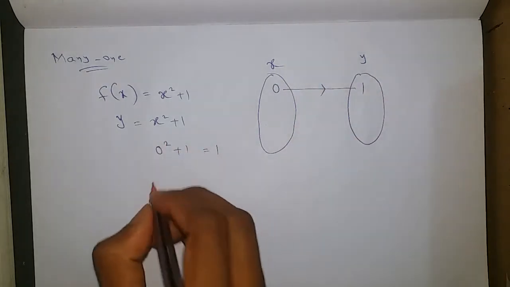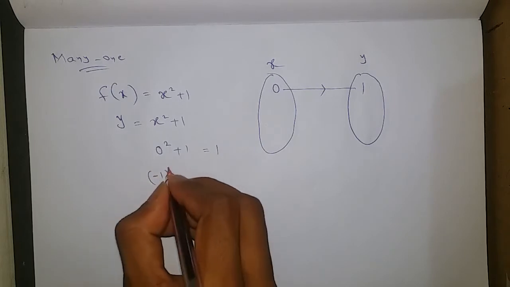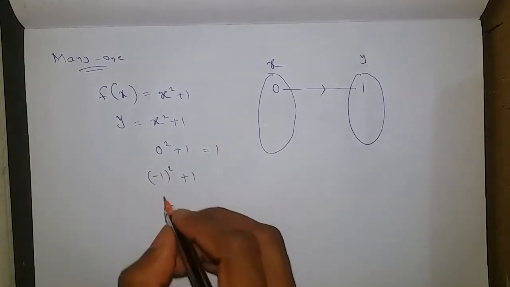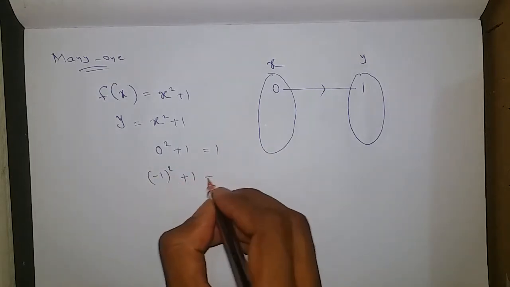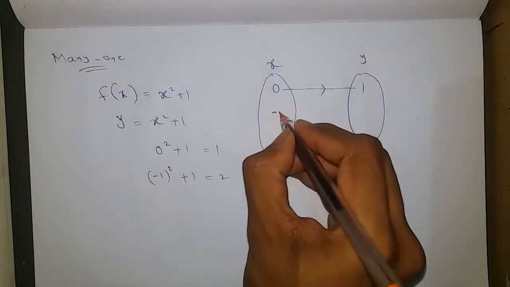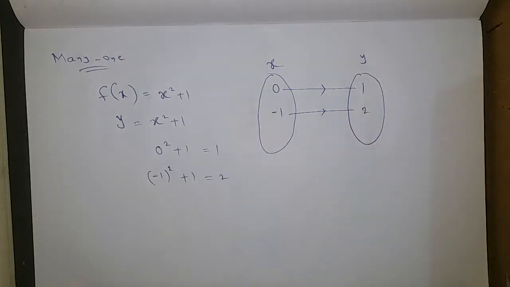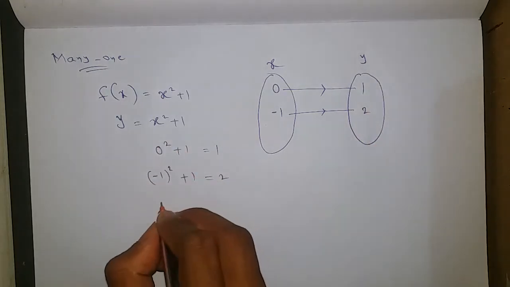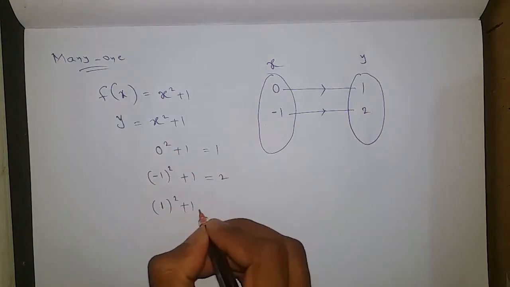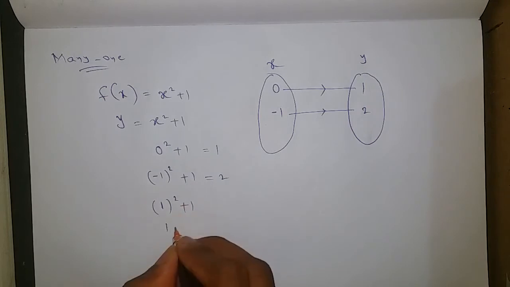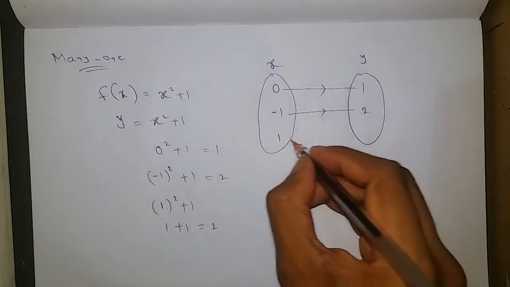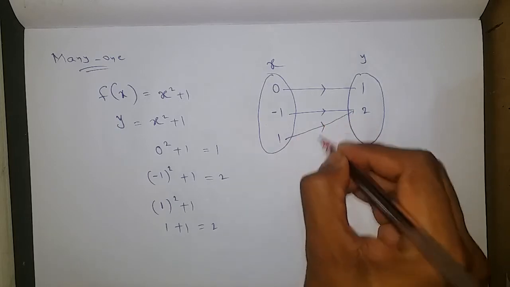Next, in the place of x, I am substituting -1. -1 square plus 1. -1 square is 1. 1 plus 1, 2. So if I substitute -1, I got the image as +2. Next, in the place of x, I am substituting +1. 1 square plus 1. 1 square 1 plus 1, 2. So if I substitute +1, again I got the same image 2.